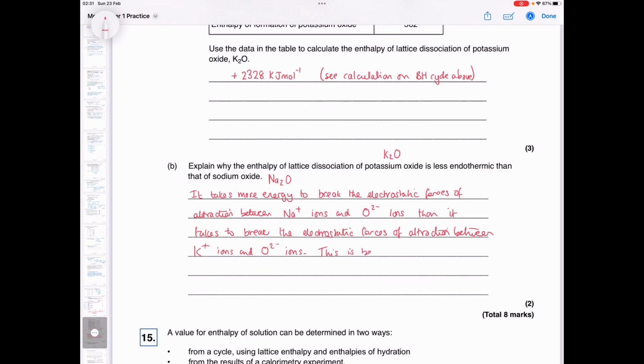This is because Na plus is a smaller ion than K plus, so the attraction is stronger between Na plus and O2 minus than K plus and O2 minus.